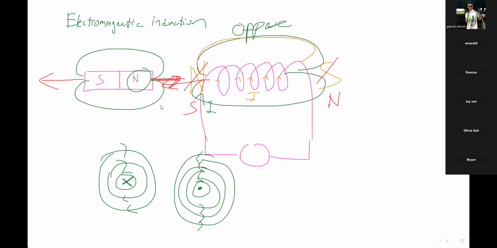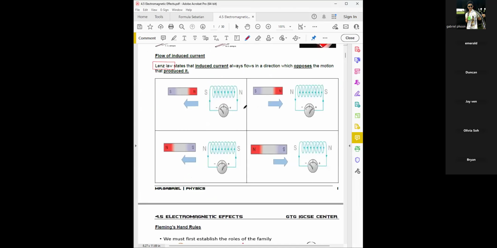It'll be easier to see if you have all these comparisons looking at it. Okay. This is the one I drew just now. When I push this magnet in, this coil, which generates its own magnetic field, will oppose the motion producing it. So it will produce a temporary north, right? But as soon as I try to leave, this coil, which has current in it, would produce a magnetic field that opposes my motion again.